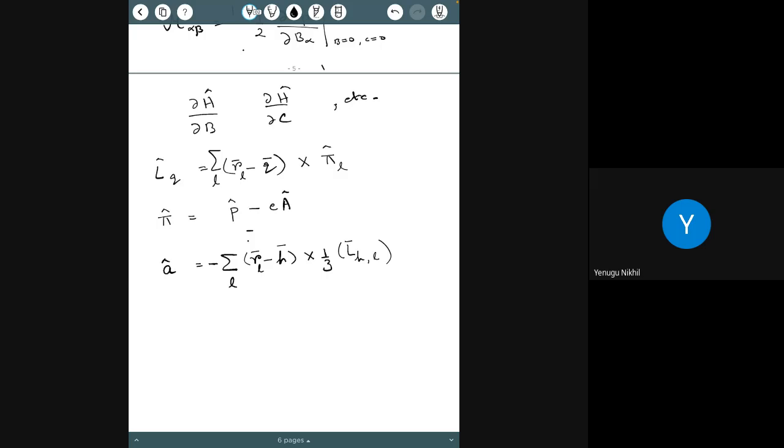So this is the anapole moment operator. How we are getting this is by taking a derivative of the Hamiltonian with respect to C, after we put in the expression of B total in the Hamiltonian. That's about it. And so the quantity A then is psi A psi. But this is something we cannot do for the excited state, I repeat. So that's basically the background of anapole moments.